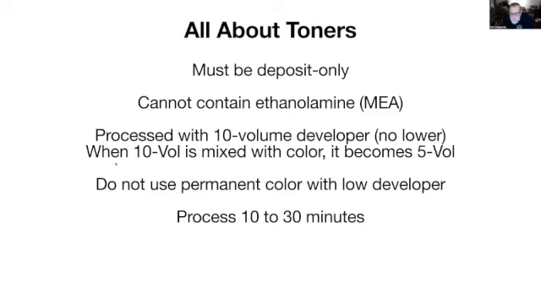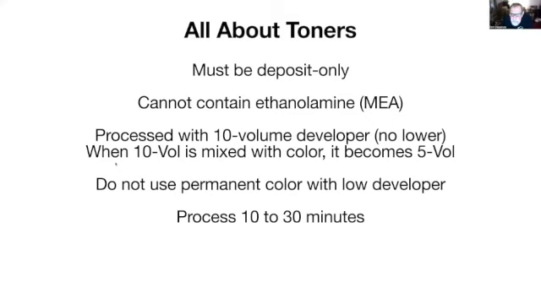It has a pH of around 10 to 10.5, whereas toners generally have a pH of around 8 or less. So you're swelling the cuticle too much, and even though you're using low developer, you still get lightening action.